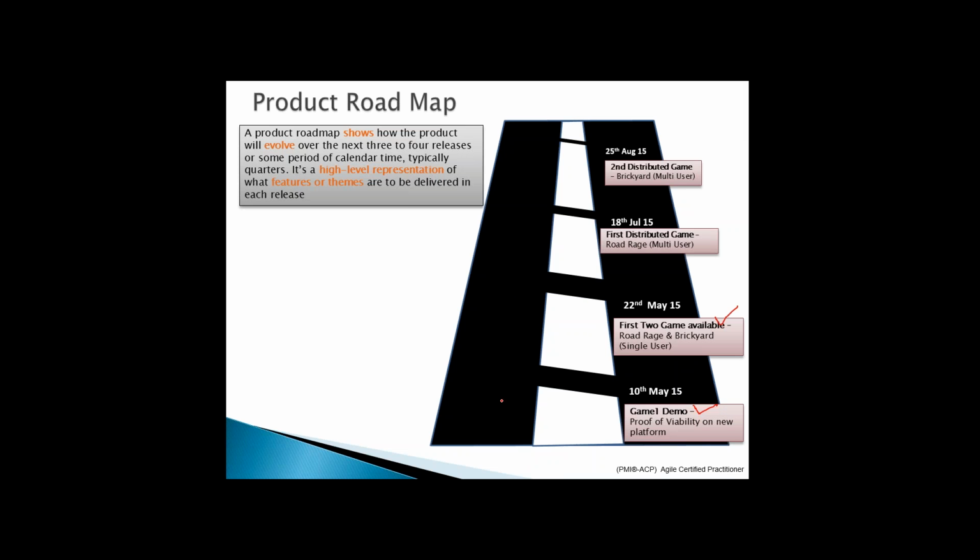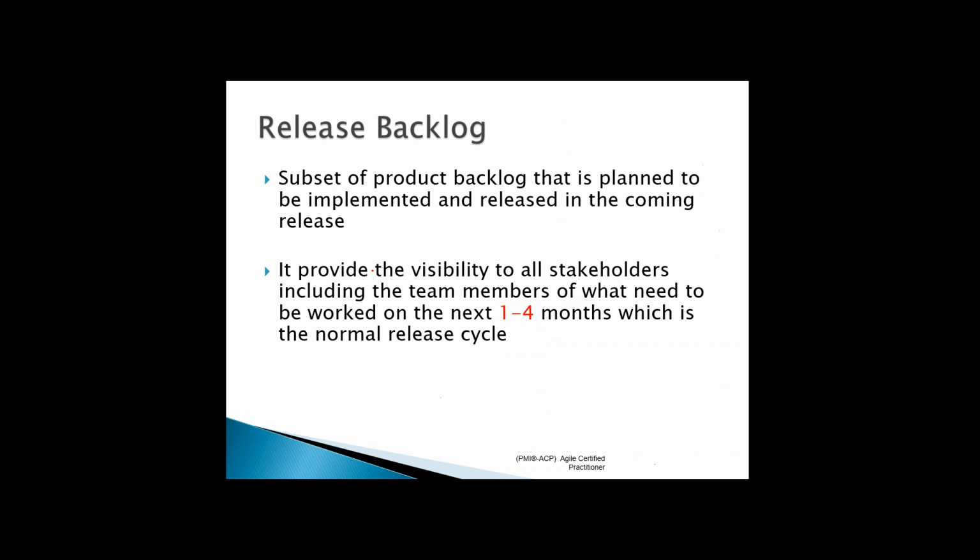So your product roadmap is going to tell you the deadlines for important events in your project. Probably the release end date, right? That is going to be important. That is going to be critical at the end of each release, because you're going to have a minimum marketable feature which you want to release in the market. These dates are important milestones for you.